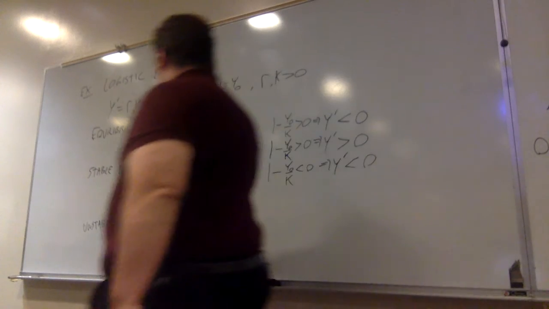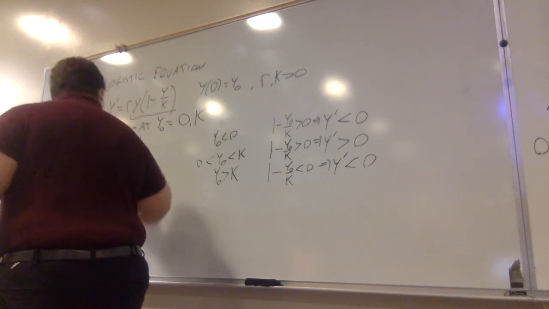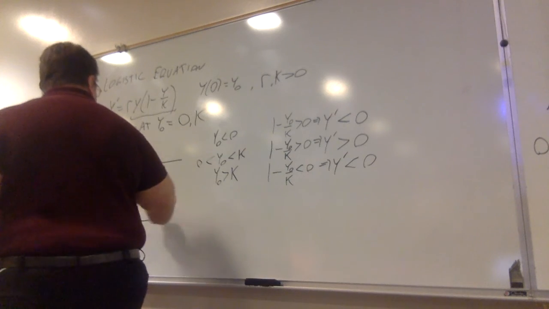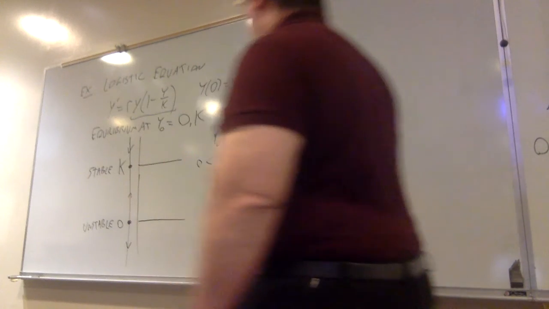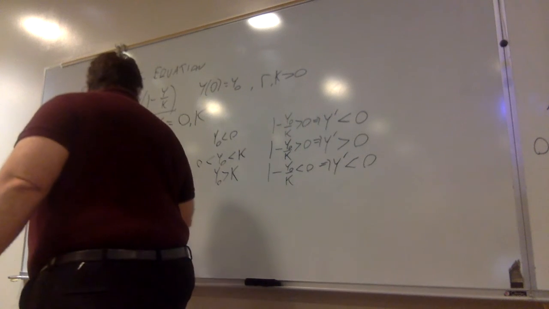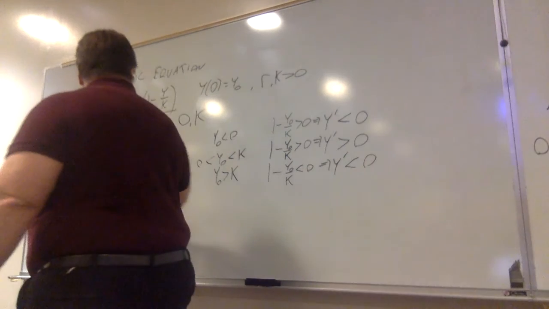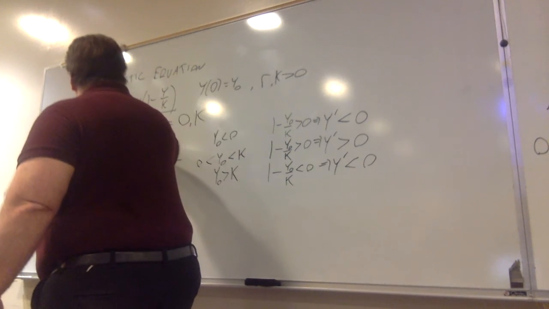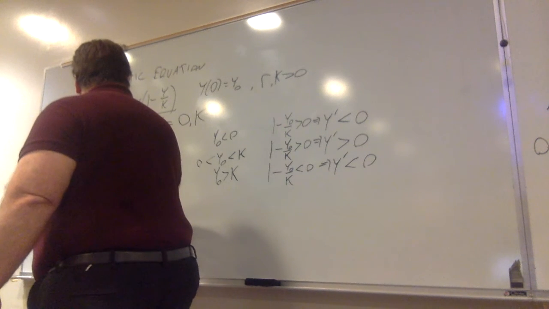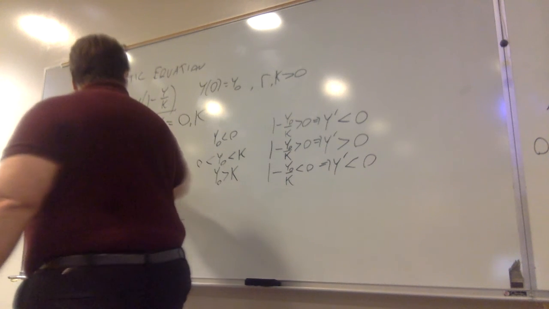So if I were to attempt to draw solutions, here's the equilibrium at 0, here's the equilibrium k, where the solution is a constant. If I choose an initial value down here, it'll go away from an equilibrium. Here it'll go towards equilibrium. In this case too, it goes away from 0.